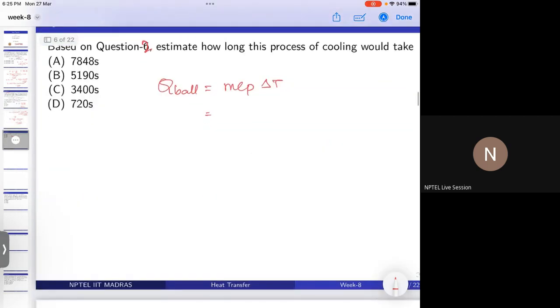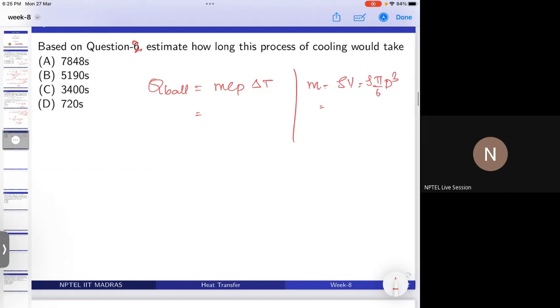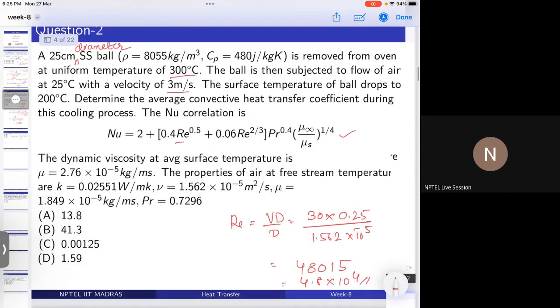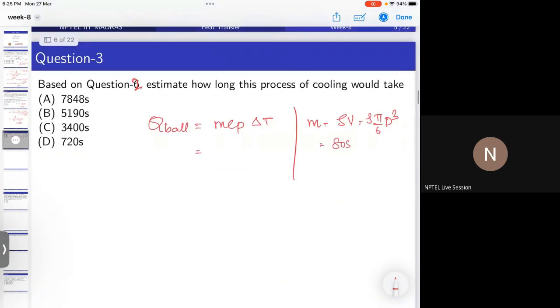So m is equal to rho times pi by 6 d cube. The density is 8055 into pi by 6 into 0.25 whole cube. You will get around 65.9 kg.